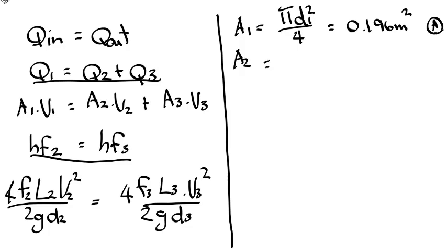And the second answer will be, let's calculate the second one. The diameter for the second pipe is 0.25.